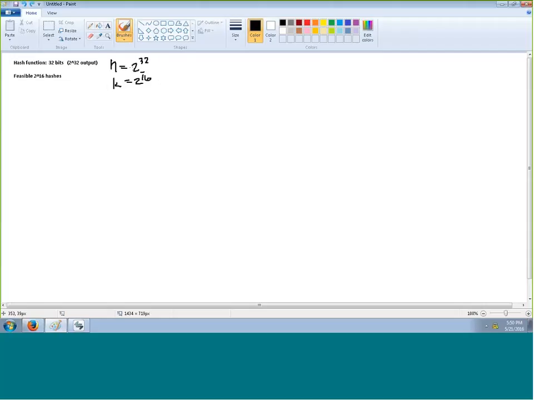That's how much 2 to the 32nd is. Okay, remember our formula, 1 minus n factorial. Man, these are getting big. Over n to the k. This is a ridiculous number here too. 2 to the 32nd to the 2 to the 16th times n minus k factorial. Man, that's a big number.